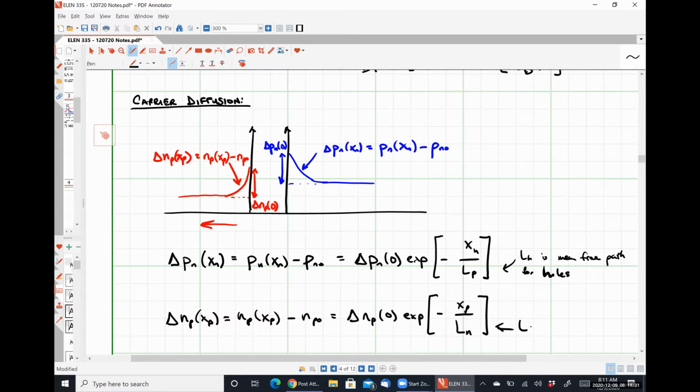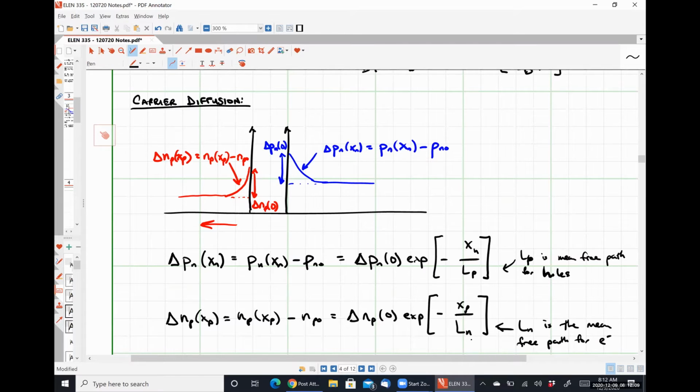Ln is the mean free path for electrons. The subscript n in our top equation is correct because this is the hole concentration on the n side of the crystal, so it makes sense that we're moving in the xn direction. And it should be xp on the electron concentration because we're looking at the minority carrier concentration on the p side of the crystal.